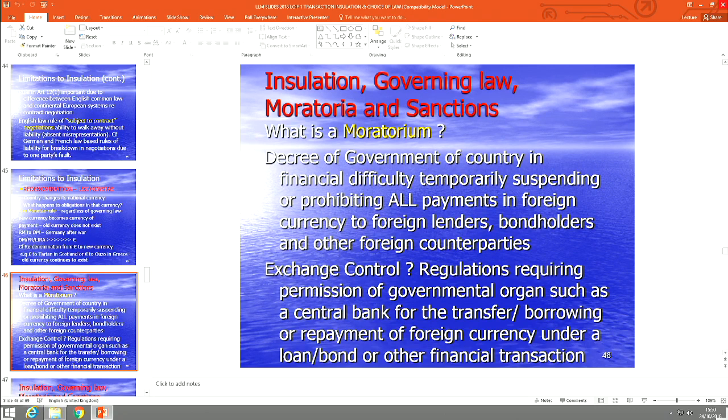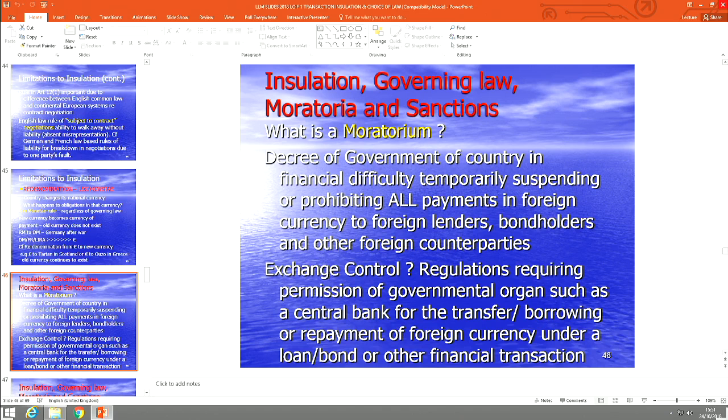Why? Because an exchange control regulation is one which exists, actually exists, at the time a transaction is entered into. A moratorium is a regulation or decree which is enacted after a transaction has been entered into, seeking to interfere with the payment obligations in that transaction.